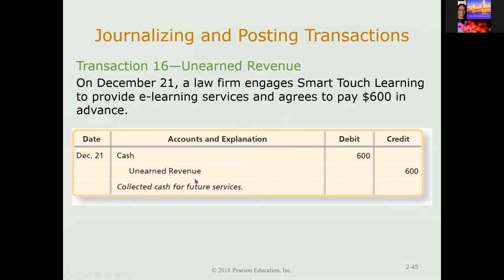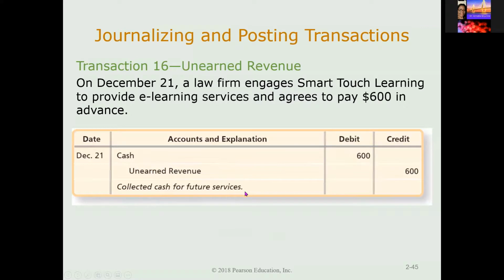Why is it a liability? Because they're paying in advance and the services will be completed in the future. So cash is debited for $600 and unearned revenue is credited for $600.